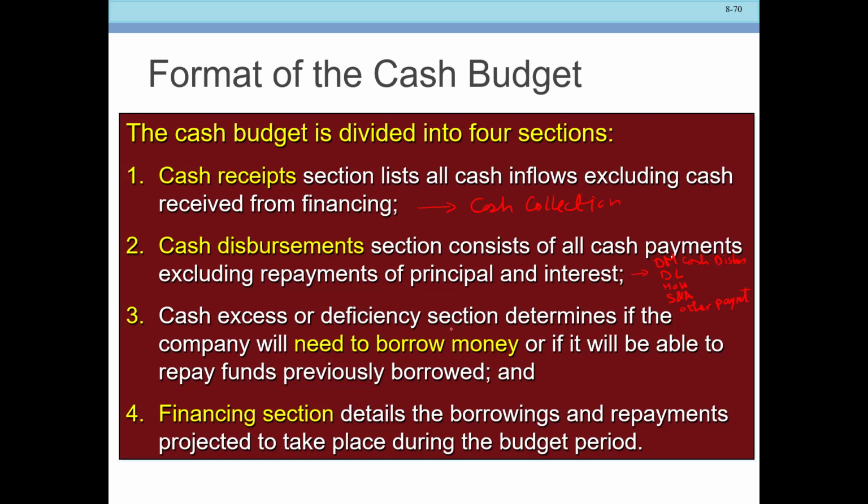Cash excess or deficiency: I'm going to subtract cash disbursement from cash collection. Any excess will be invested. Any deficiency will create the need to borrow money, and then I will see where I should borrow from and how I'm going to pay back whatever I borrowed.